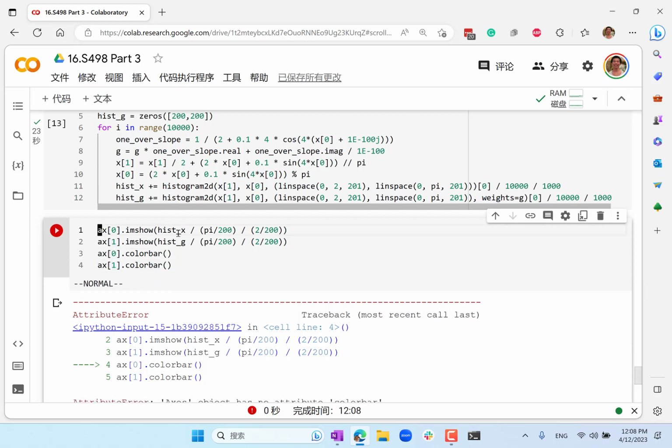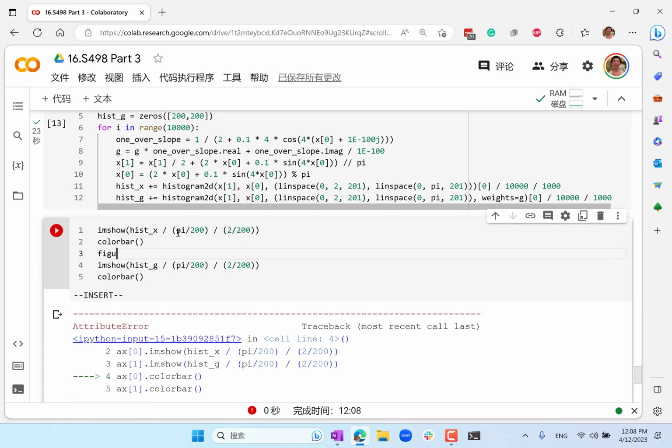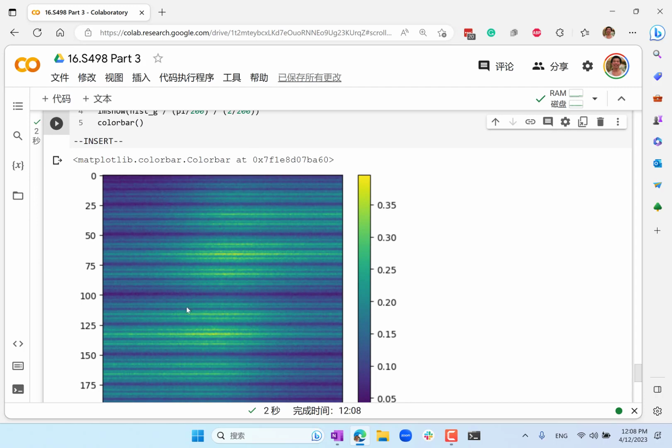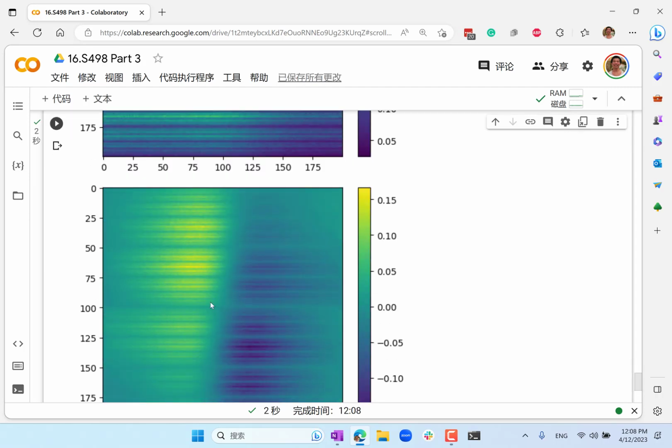Okay, so let's just make 2 figures, 1 by 1. Okay, so this is the original density, and this is g.